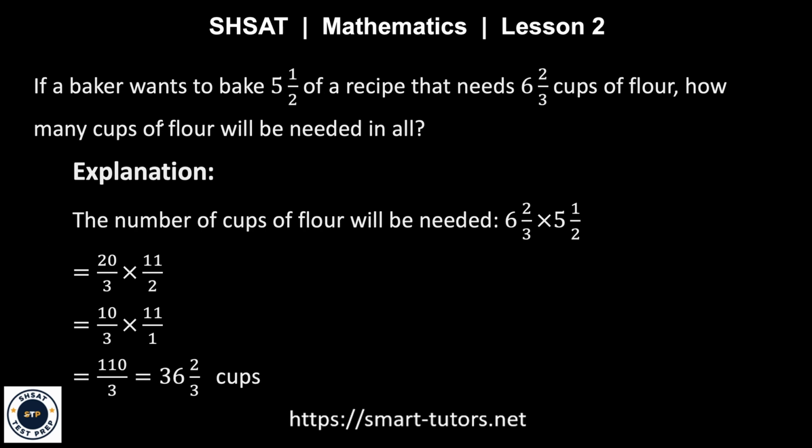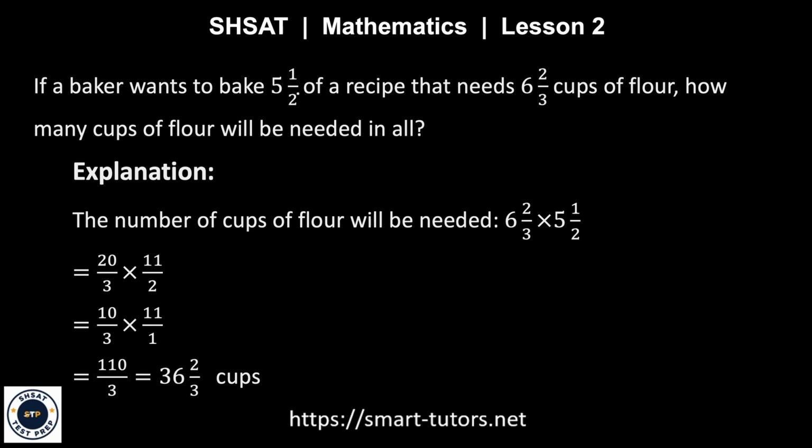Here there is another practice problem you try by yourself. If a baker wants to bake 5 and 1/2 of a recipe that needs 6 and 2/3 cups of flour, how many cups of flour will be needed in all? So what do you have to do here? You have to multiply these fractions together. So as I said, read the question at least a few times to make sure that you fully understand the problem.